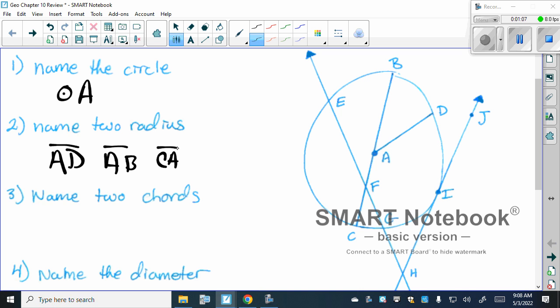Now we could say AD or DA, AB or BA, or CA or AC. Any of those pairs work. Now, if you put down AD and DA, that's still only one radius. You just name the same one twice.